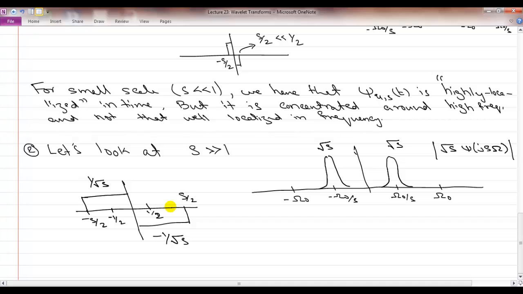You should really think of these psi U S's as bandpass filters, and for S very large, your bandpass filters are getting close to zero, but they are never hitting zero because their bandwidth is shrinking. As you get closer to smaller frequencies, your bandwidth is shrinking. We'll get back to that concept later when we define something called the scaling function.